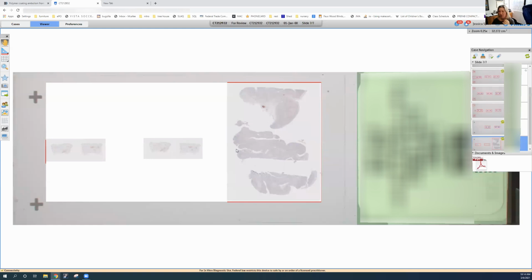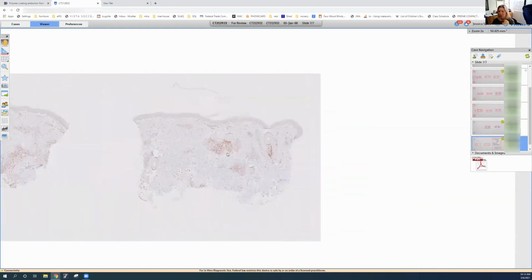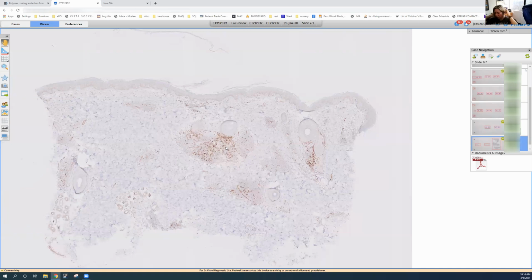And then for fun, here's the CD123 immunostain. CD123 is an antibody that stains plasmacytoid dendritic cells in the dermis. And these are cells that produce the interferons, which are crucial to the initiation of inflammation that you see in skin infections and tumors, but also in autoimmune disease.